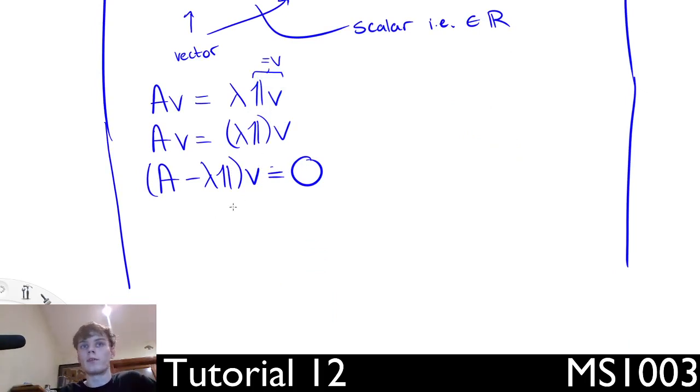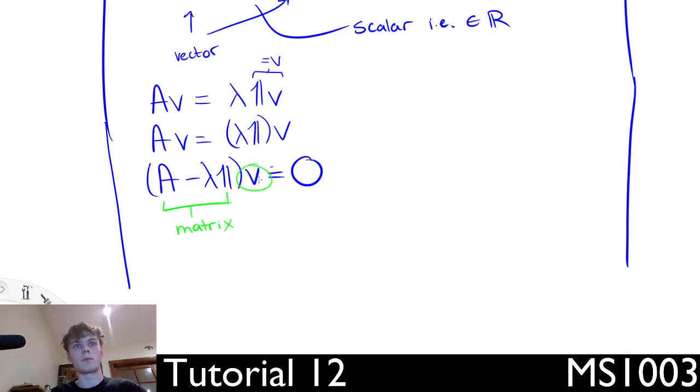And now how do we solve it? Well, we should know that what this equation is saying is that this new matrix that we've made by subtracting this matrix from A must have a kernel, right? Because this matrix times some vector v is equal to 0. So the matrix applied to a vector is equal to 0, which means this vector must be in the kernel.